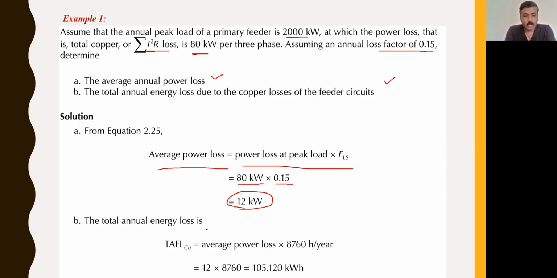Now the total energy loss is the average power loss into the total number of hours per year. By obtaining this, you get 105,120 kilowatt hours, so approximately 105.12 megawatt hours. This is the number of units or total energy loss.